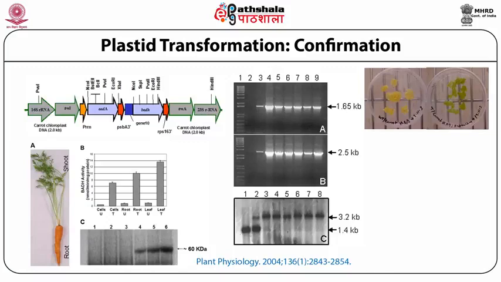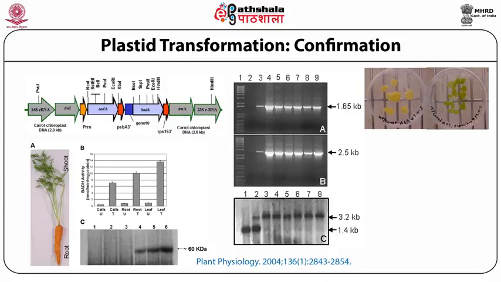In lanes 3 and 4, you see the level of homoplasmy is increasing, and in lanes 7 and 8 there is no wild type chloroplast genome left. Everything is transgenic. So this confirms the chloroplast transgenics. You can say the transplastomic plants are 7 and 8. So this is one way.